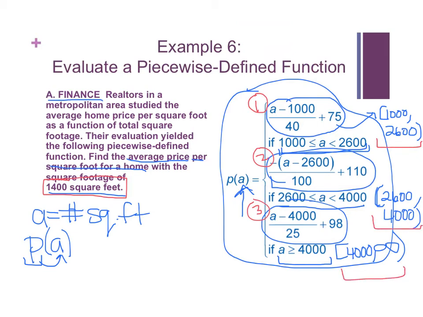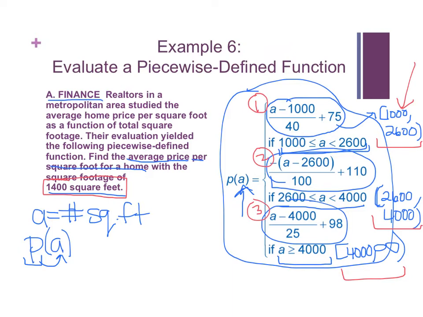Which function, 1, 2, or 3, includes a home that has 1,400 square feet? If you're looking at the domain, that would be equation 1, because equation 1 includes homes that have a square footage of 1,000 all the way up to 2,600 square feet.